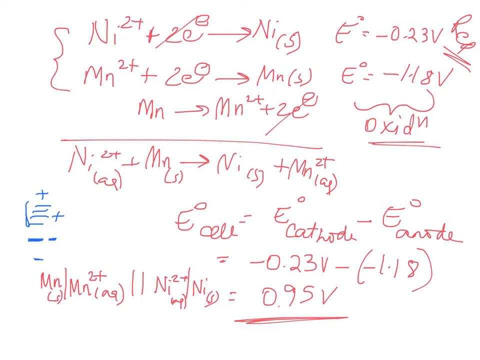And so when you go to calculate E cathode minus E anode, the overall value will end up being a positive number.